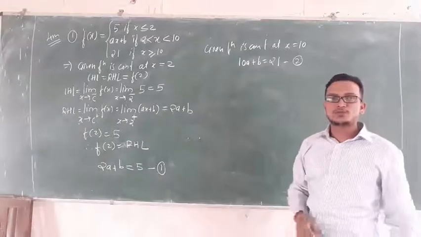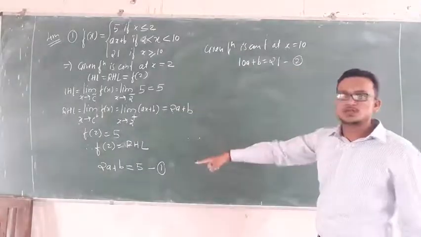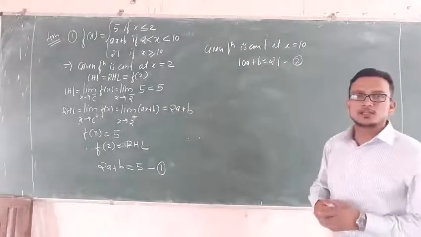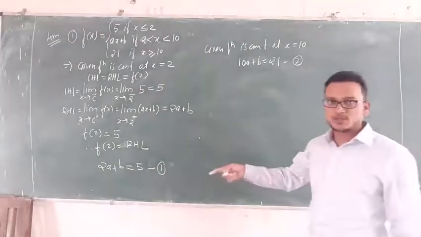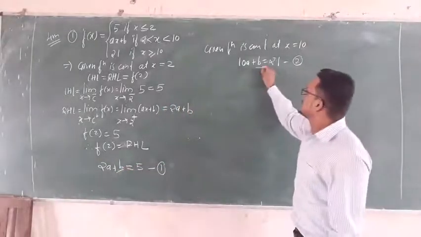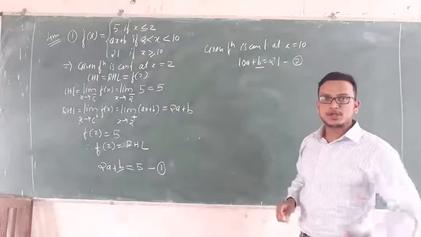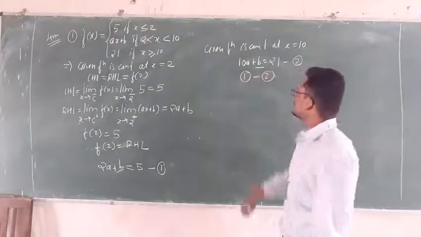Now you want the values of a and b, so for that you have to simplify equations 1 and 2 using the elimination method. In this, which variable has the same coefficient? See here b, here also b, so I can eliminate b by subtraction. So I will do equation 1 minus equation 2.